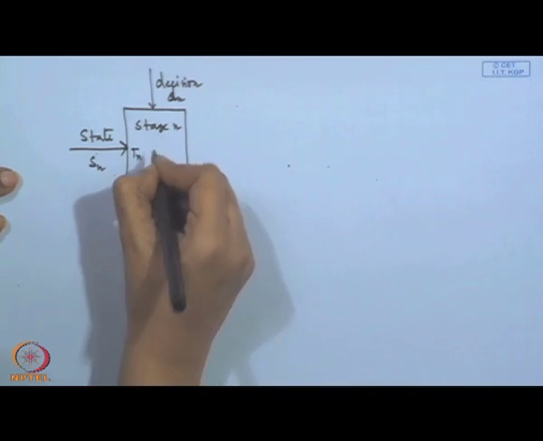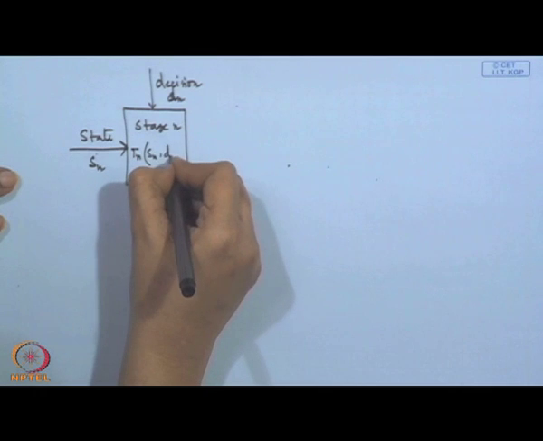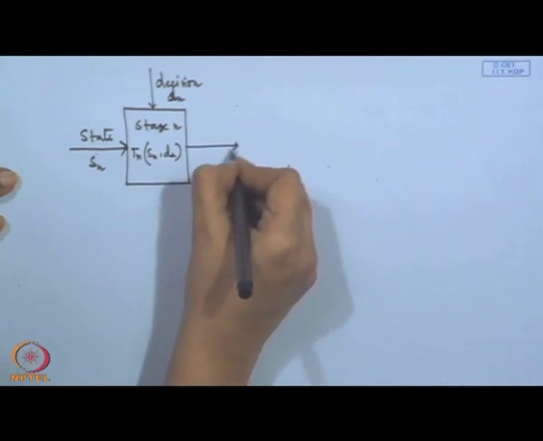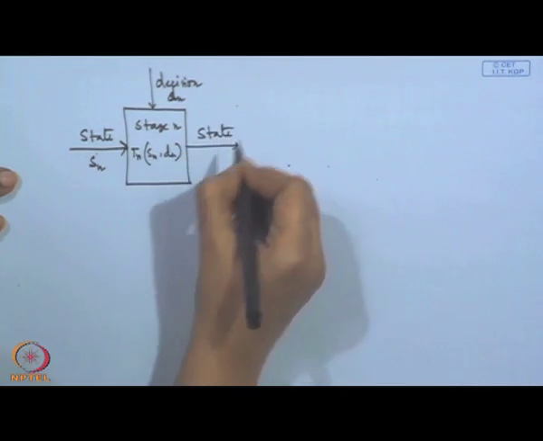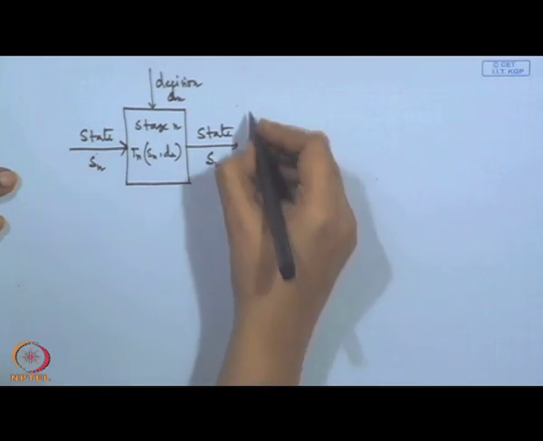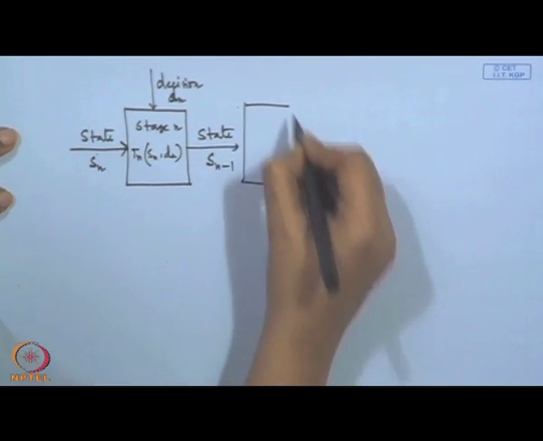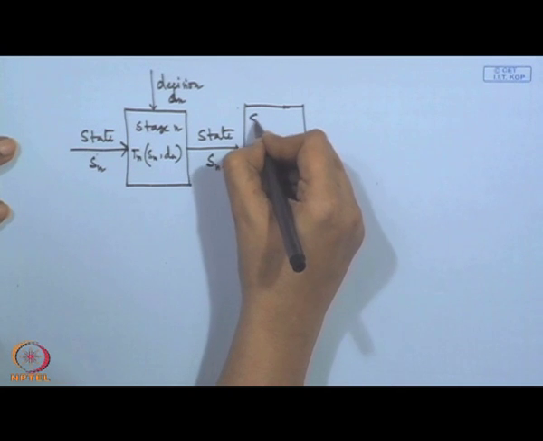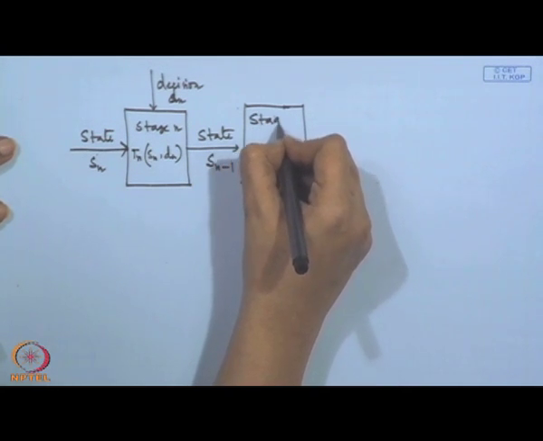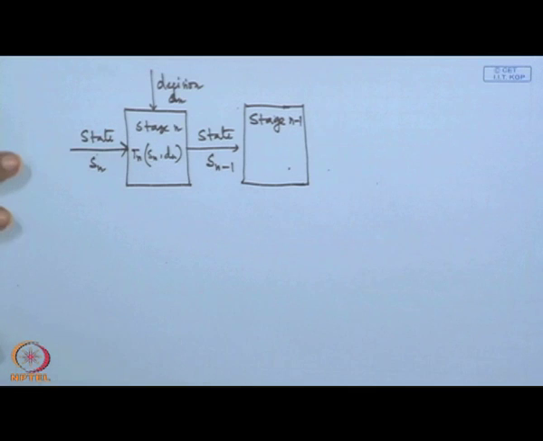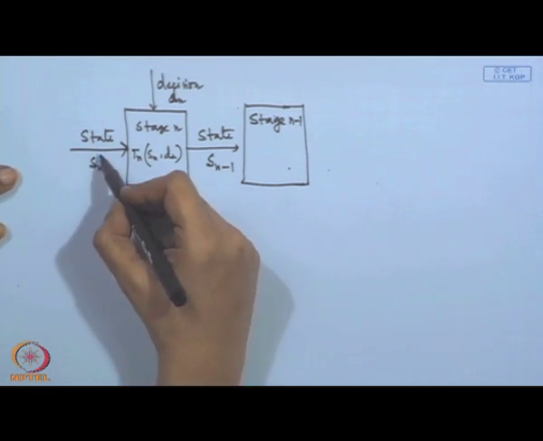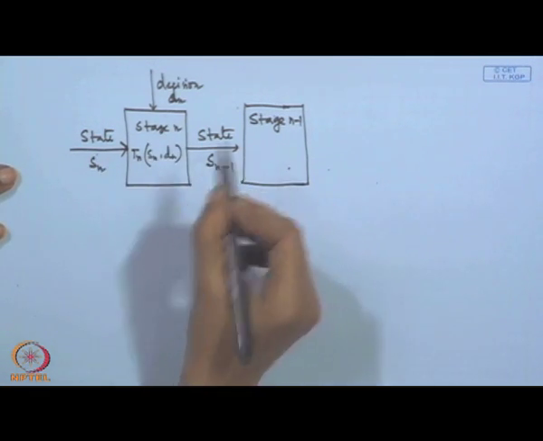Then we have the state transformation equation Sn, Dn, and we move to the next state, Sn minus 1. That means we move to the next stage, stage n minus 1, where we have different states.